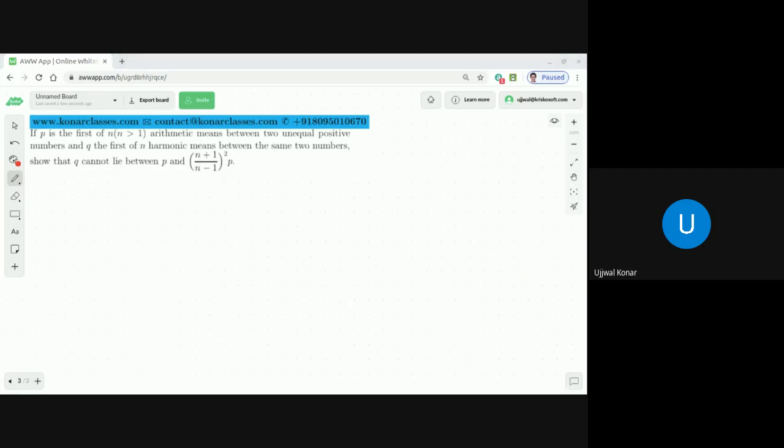Now, let's approach this problem. So, what is the question here? The statement is very important to understand.